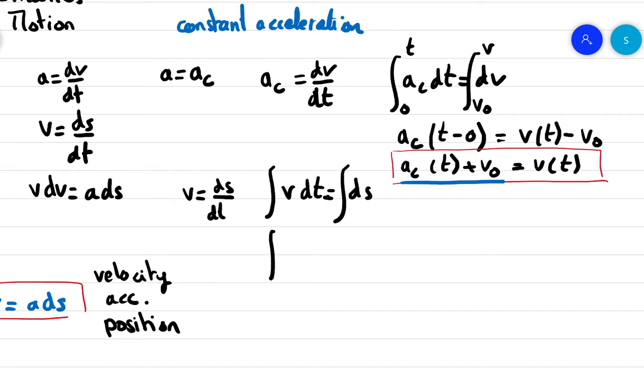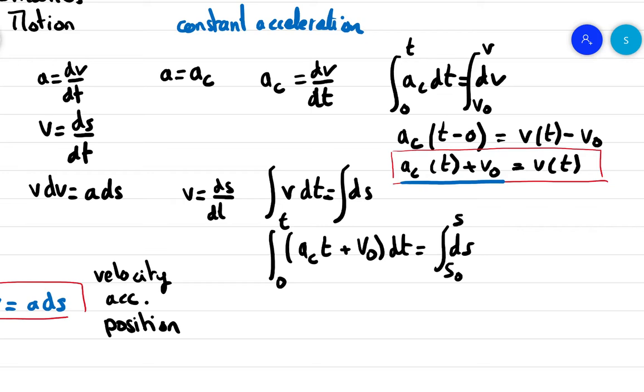So we have the integral of a_c t plus v naught dt, equal to the integral of ds. This is between 0 and t, let's say we begin at t equals 0, and between the initial displacement s naught and any displacement s.